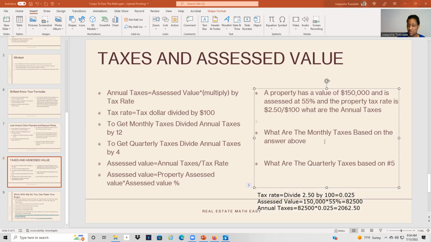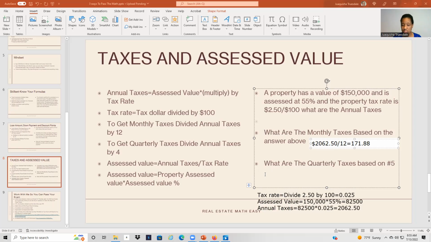It says, what is the monthly taxes based on the answer above? So for this one, what we'll do is just take that $2,062.50 and divide it by 12, equal your monthly taxes. That'll be $171.88. That's your monthly taxes.